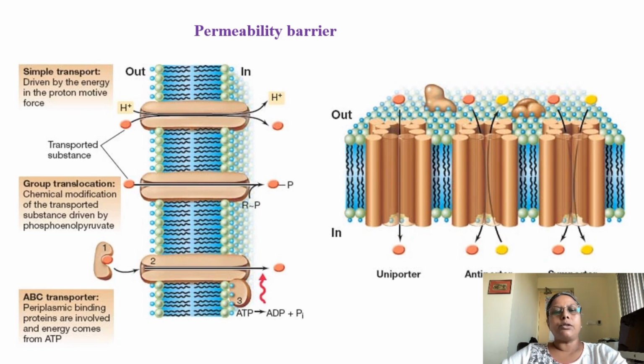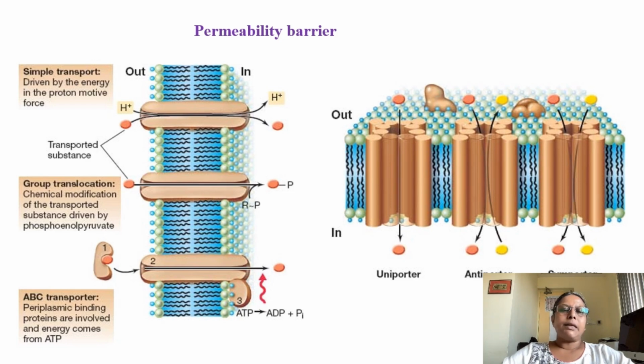The group translocation system chemically modifies the substrate transiently to be transported inside into the cell. This chemical modification of the transported substance is driven by phosphoenolpyruvate, which is an intermediate high energy component in the cell.